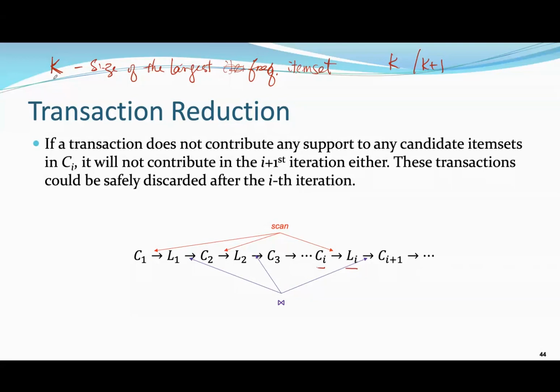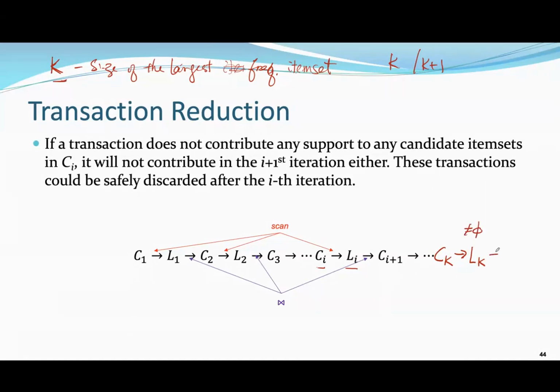So if K is the size of the largest frequent item set, well, what we see is that we must have a CK, and then we scan the database again, the Kth time, to obtain LK. And if K is the size of the largest frequent item set, that means that LK is non-empty, right?